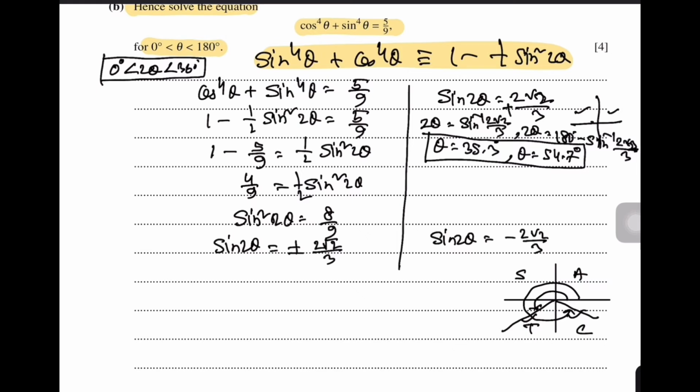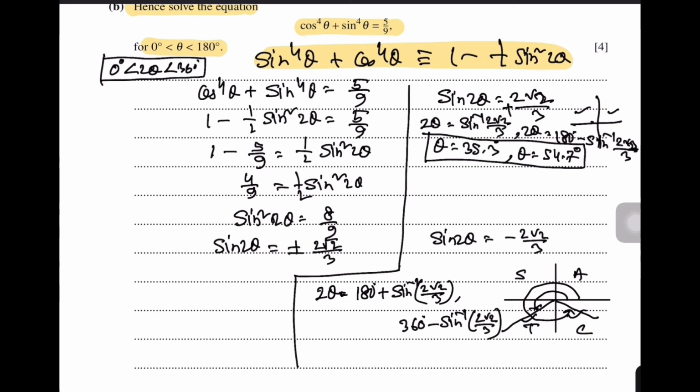So let me write 2 theta equals 180 degree plus sin inverse, we ignored the negative sign because we detect the position in the quadrant, 2 root 2 by 3, then 360 degree minus sin inverse 2 root 2 divided by 3.